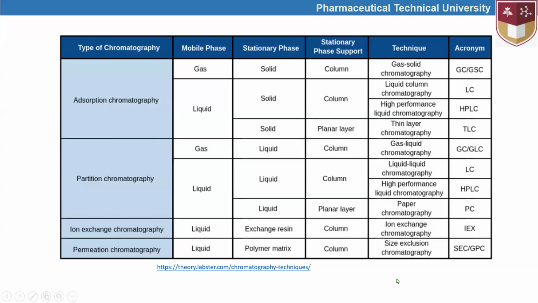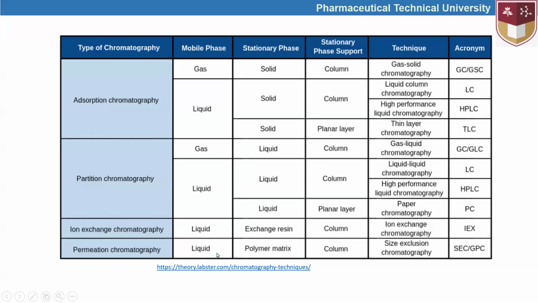Partition chromatography can also be qualified as liquid chromatography, high performance liquid chromatography, or paper chromatography, as indicated here. Ion exchange chromatography is based on the exchange of ions. In this chromatography, the mobile phase can be liquid and the stationary phase can be resins that provide the exchange of ions, supported with columns, and we call them ion exchange chromatography.